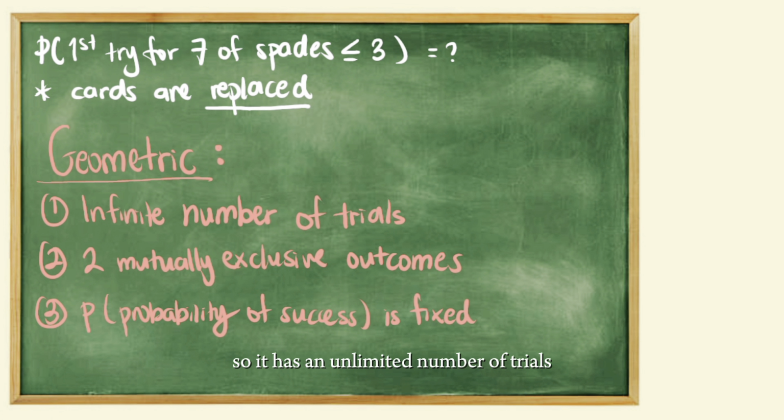So it has an unlimited number of trials because the trials are going to stop when the first success occurs. That is geometric distribution.